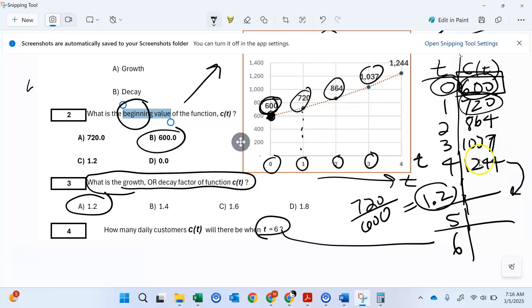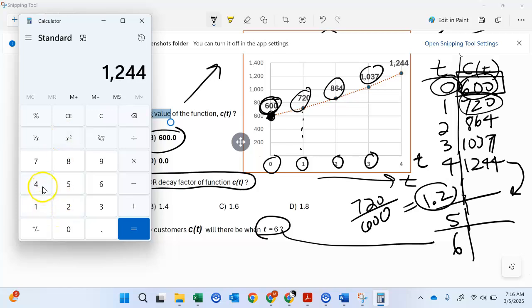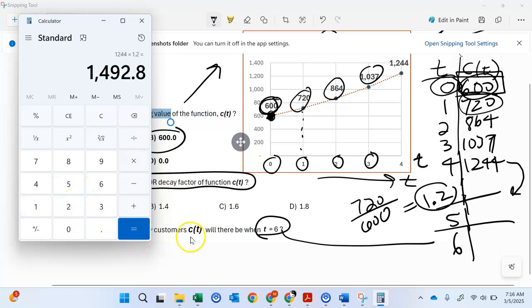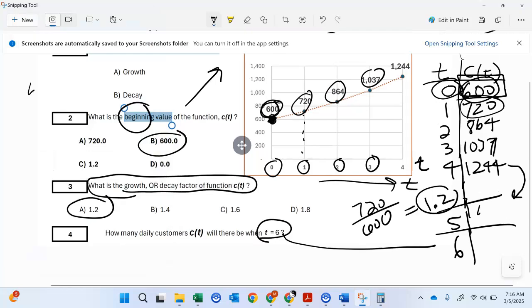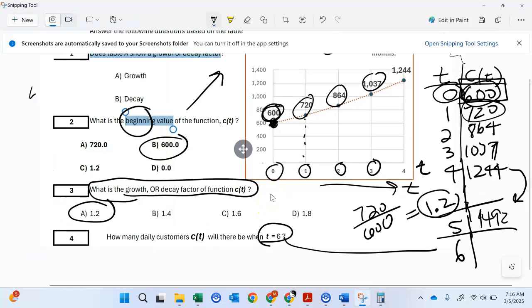So we take this one, 1244, and multiply by the growth factor, 1.2, and that's 1492. But we want the sixth one, so we go times 1.2 one more time and get 1791.